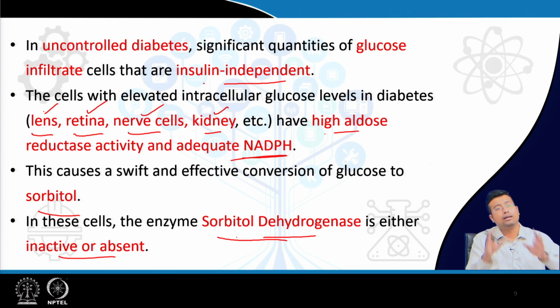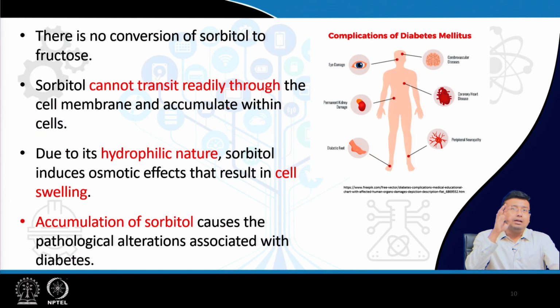All other cells do have adequate amount of sorbitol dehydrogenase activity. So, they can actually tackle excess sorbitol and convert it into fructose, and then fructose can be utilized for energy. But in these cells fructose cannot be produced because sorbitol dehydrogenase is low. So, what happens?